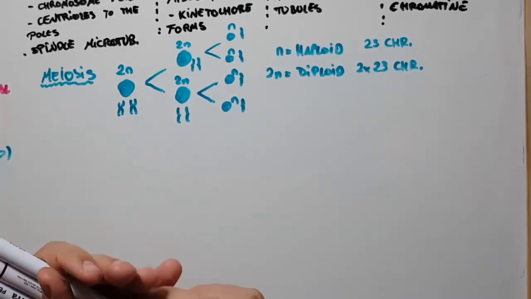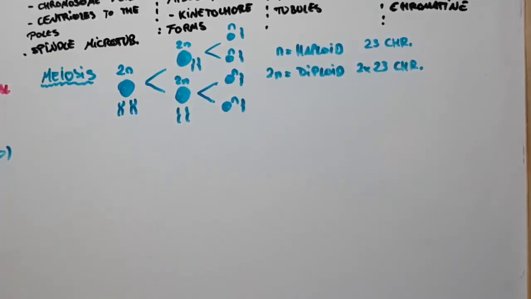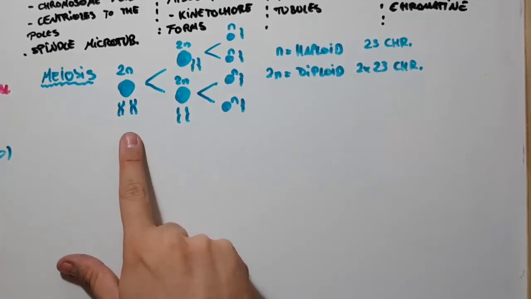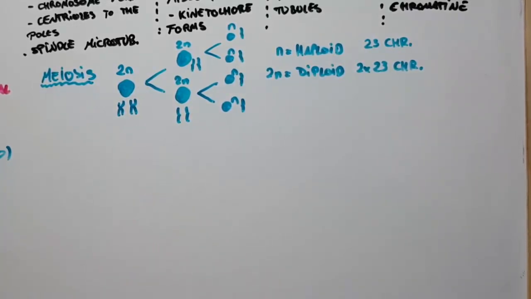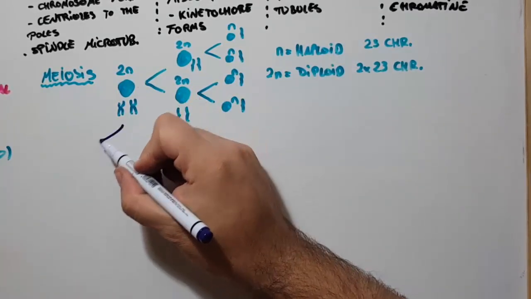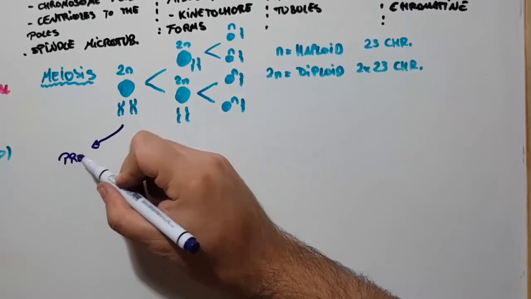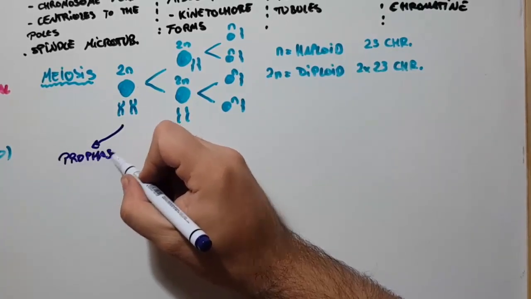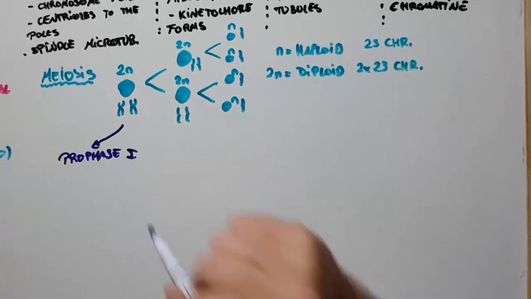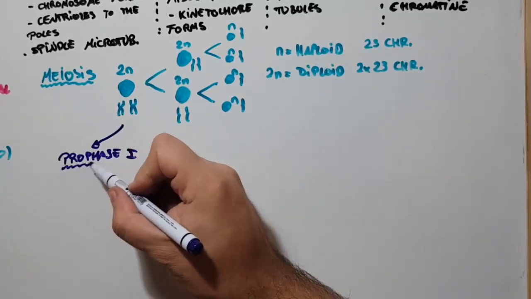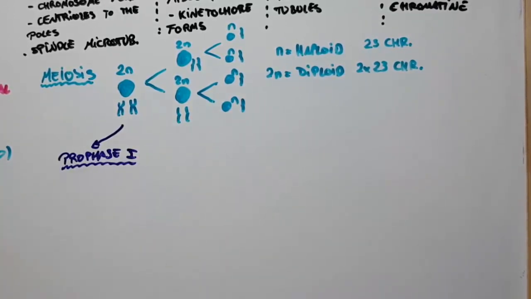Now in the meiotic prophase, we're going to have a special thing that is called the crossing over. Prophase of the first meiotic division.